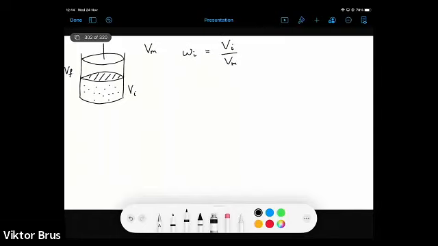With this, we can also consider two molecules.